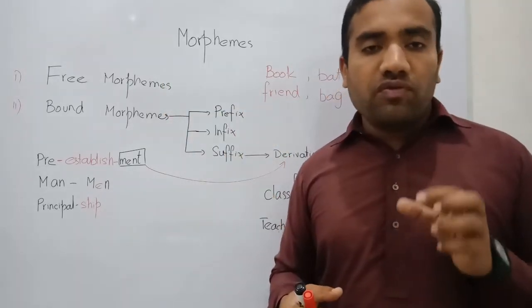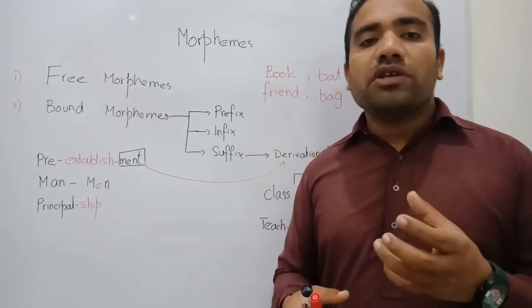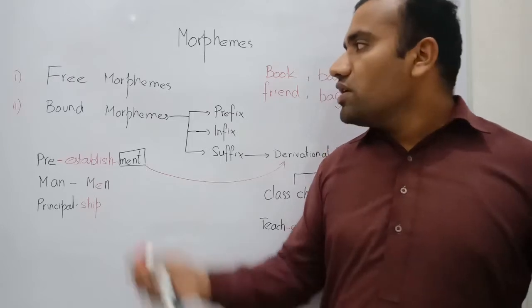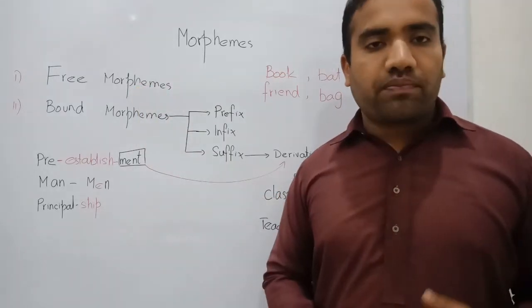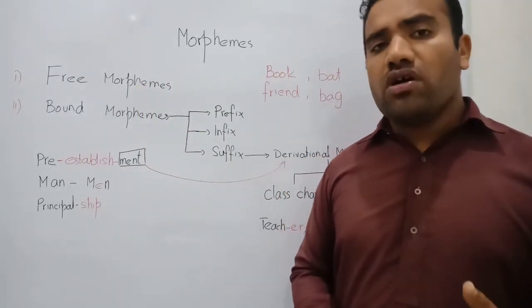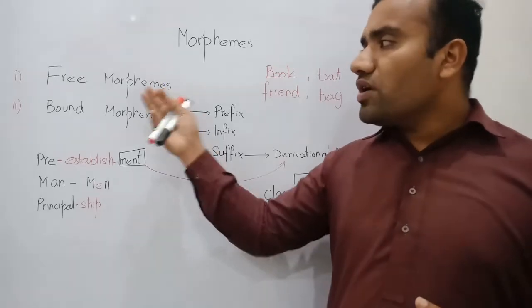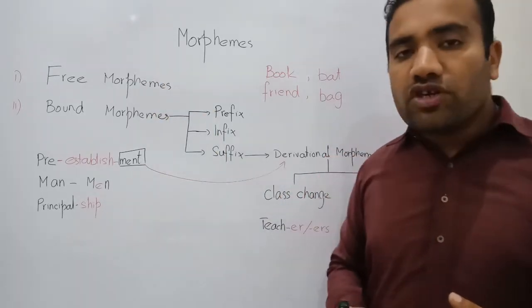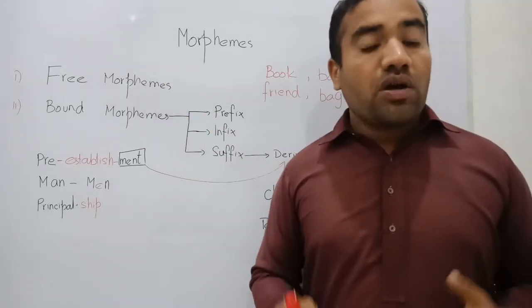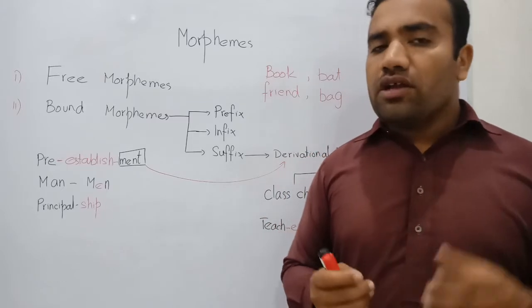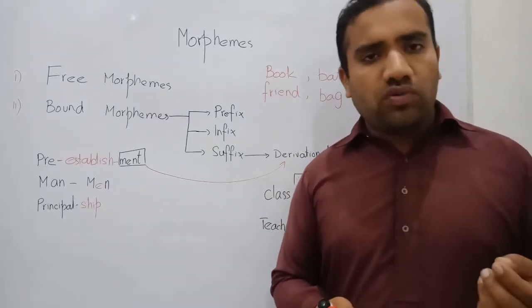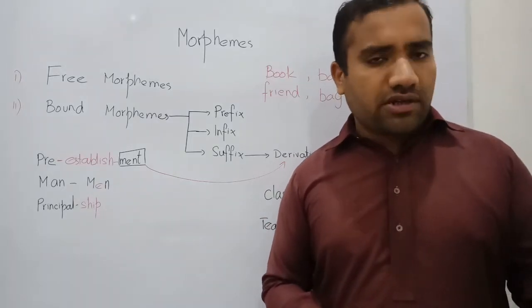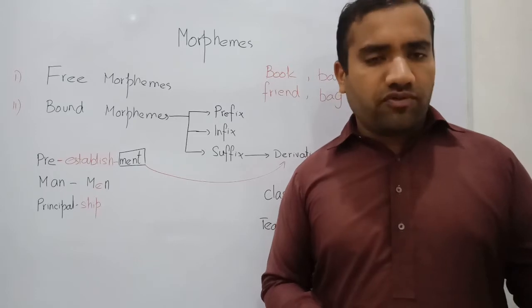In simple words, we can say that the raw material of morphology is called the free morpheme. The roots of morphology are called free morphemes. We have the noun, the verb, adjective, adverb, preposition.